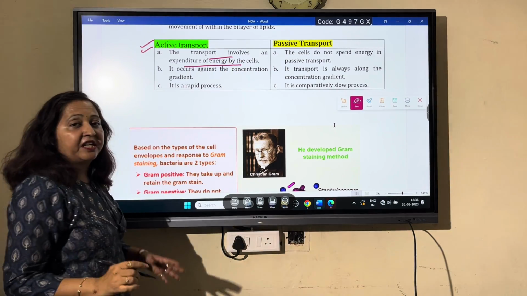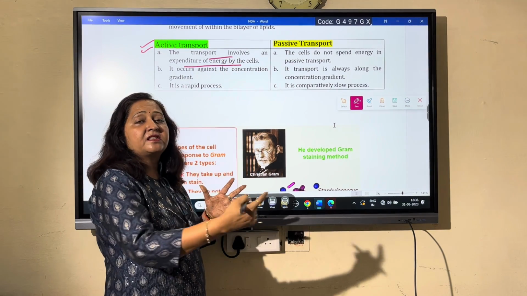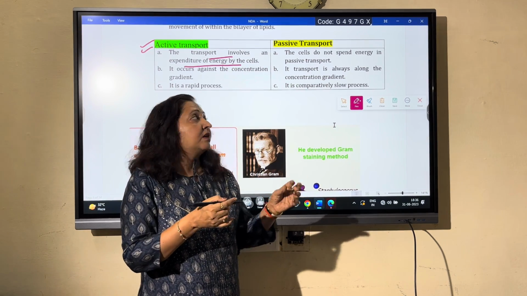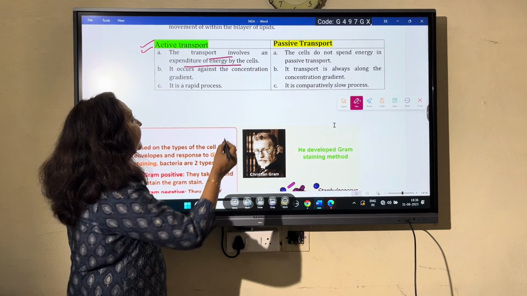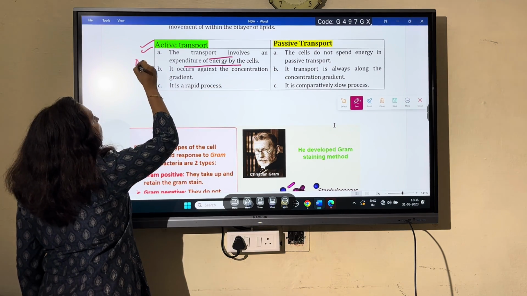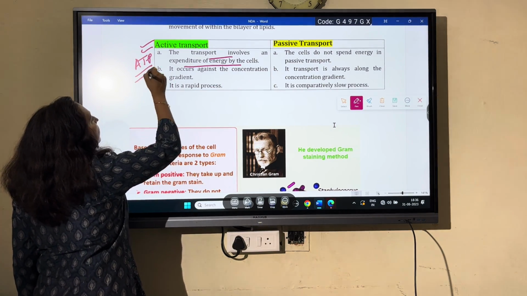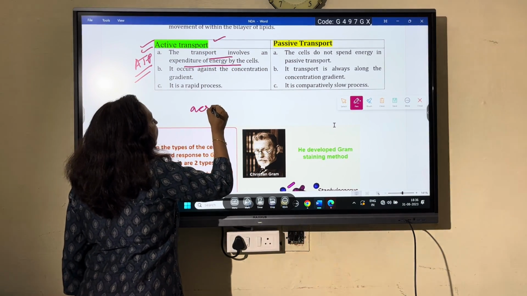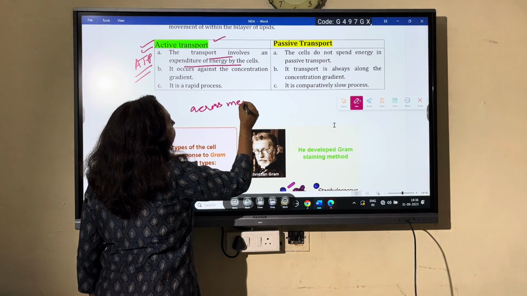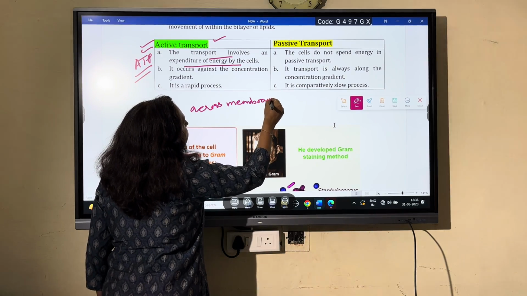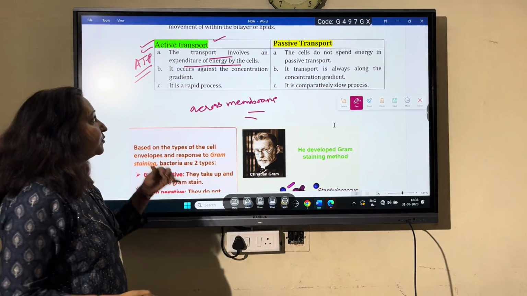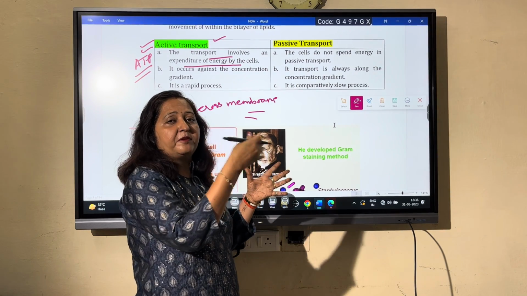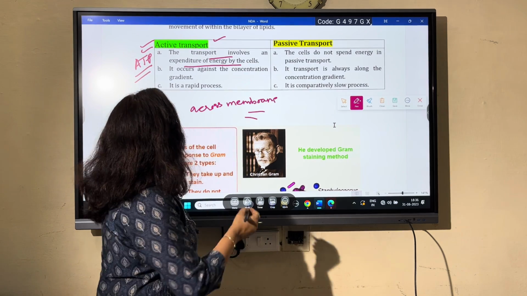Whenever there is transfer of any material across the membrane, energy is required, in the form of ATP. So active transport is transport where energy is required to transfer a material across the cell membrane.